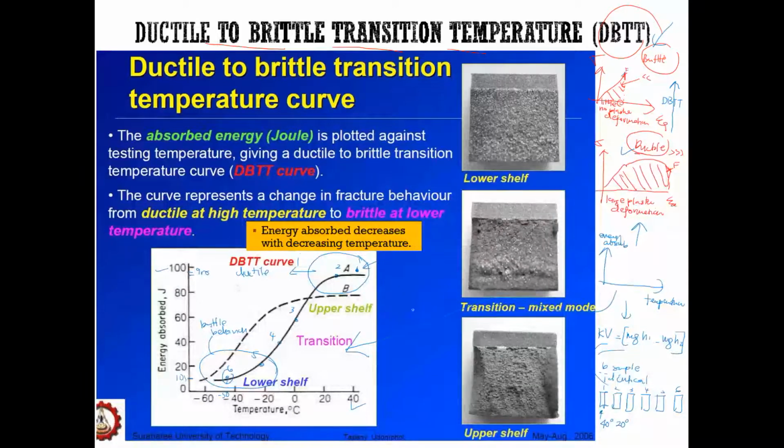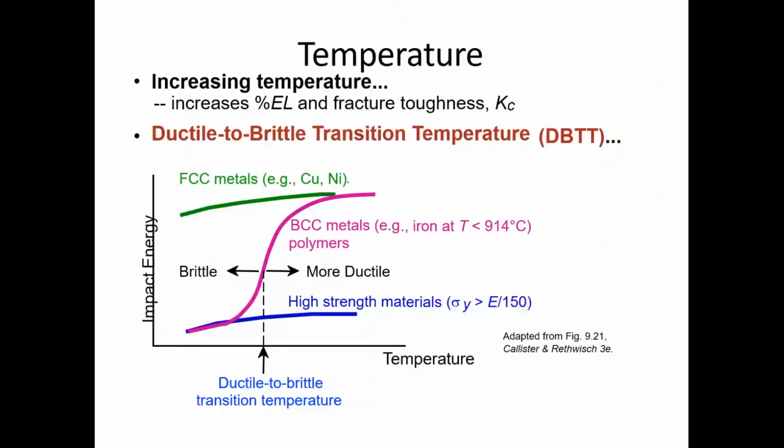Basically, not all materials have this kind of DBTT curve. In the next slide, I'll show you what types of material experience this DBTT and some other materials that will not. This is some of the material that experiences this DBTT transition temperature.